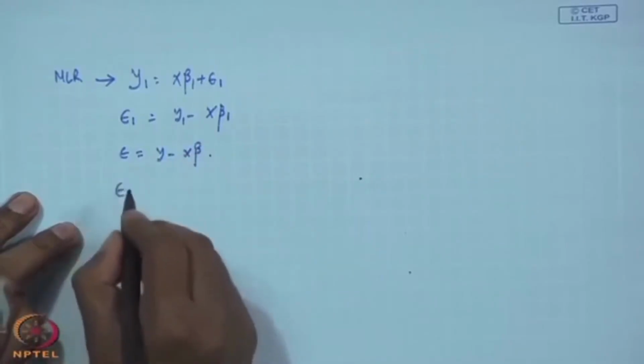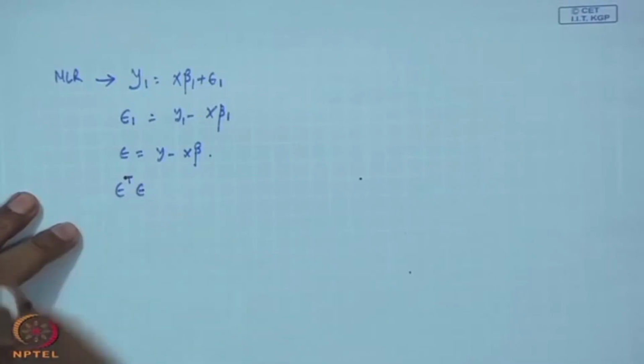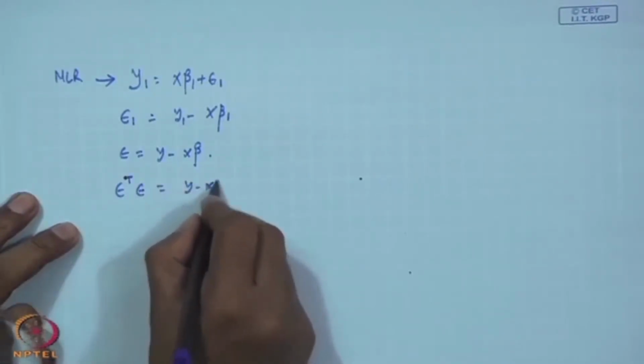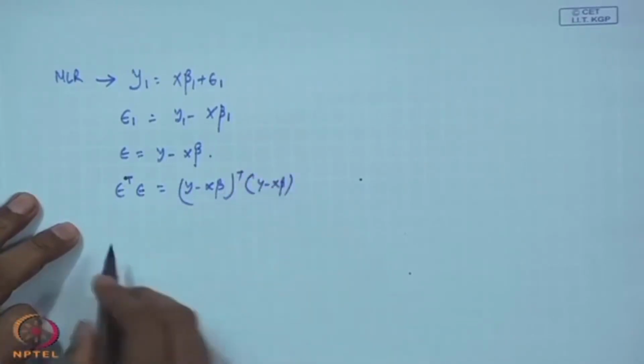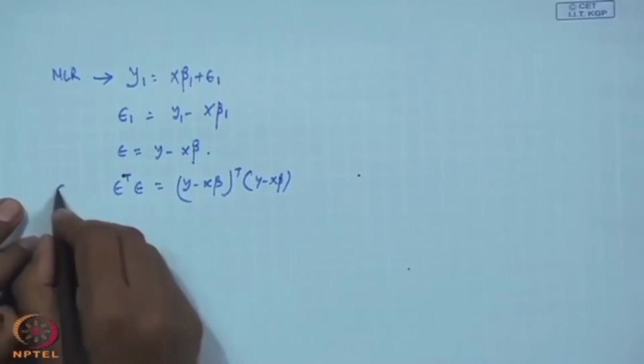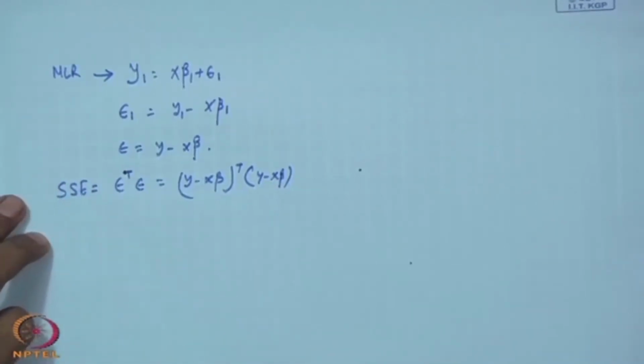Then you find epsilon transpose epsilon, that is y minus x beta transpose times y minus x beta, which is what we say sum square errors, SSE.